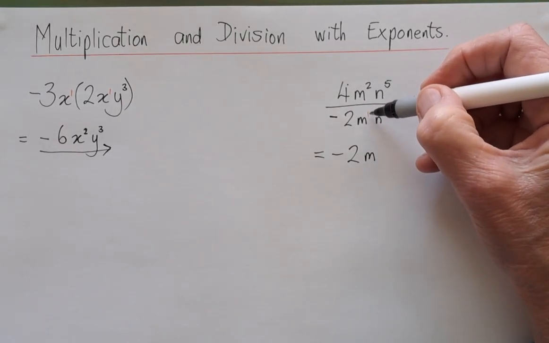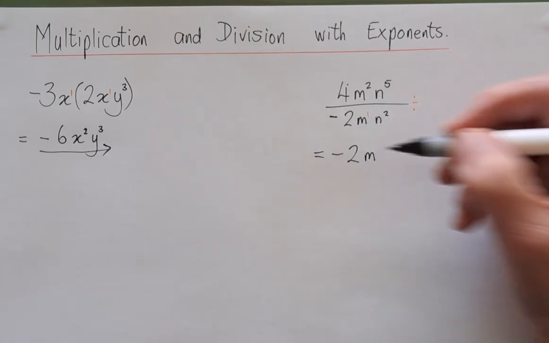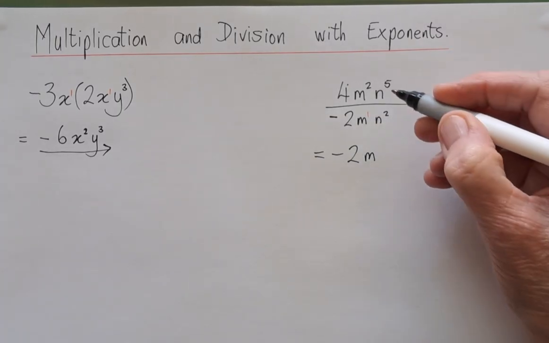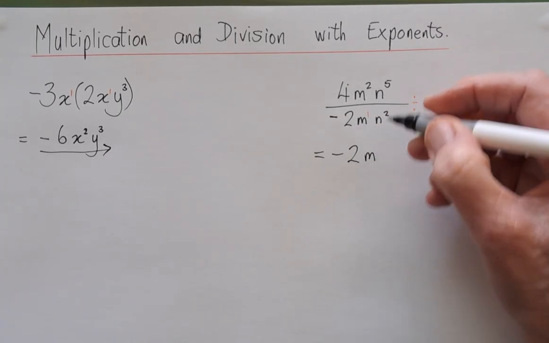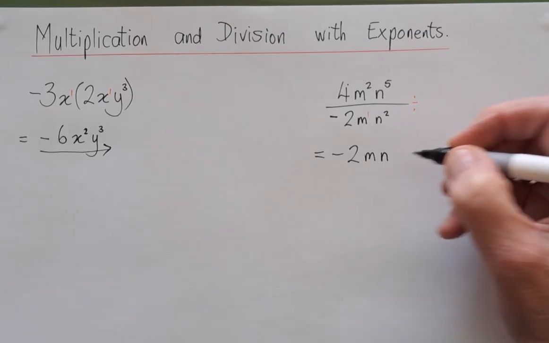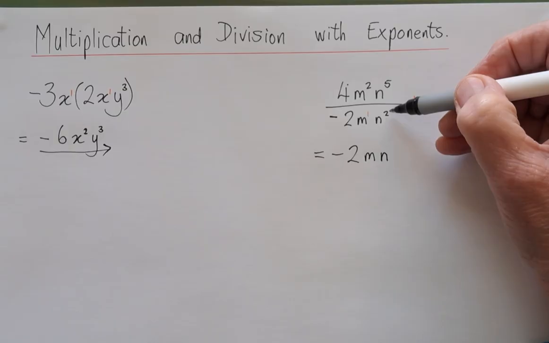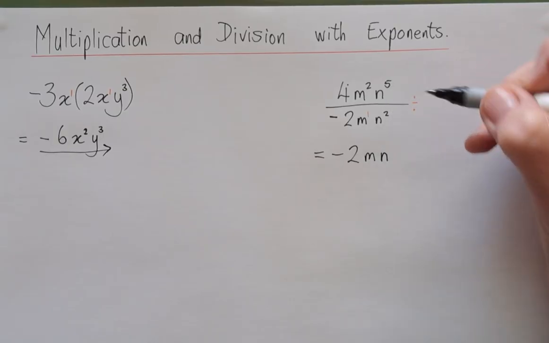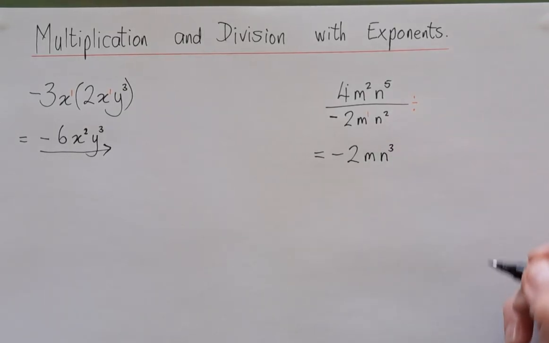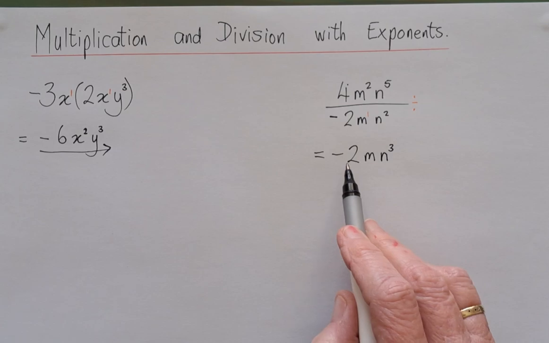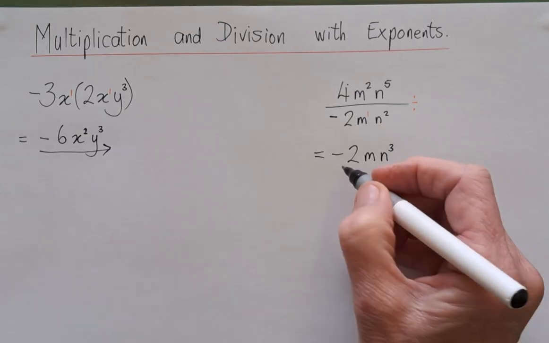So 2 minus 1 is 1, and I'm not going to bother to write it in. Then here I've got powers that have a base of n. Dividing those powers, I need to subtract those exponents. So 5 minus 2 is 3. So my answer is negative 2mn cubed.